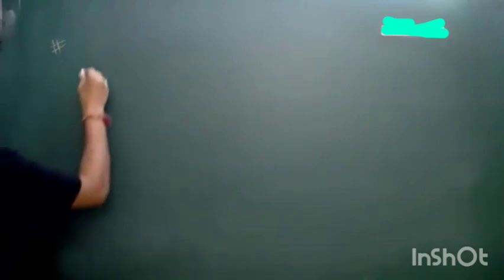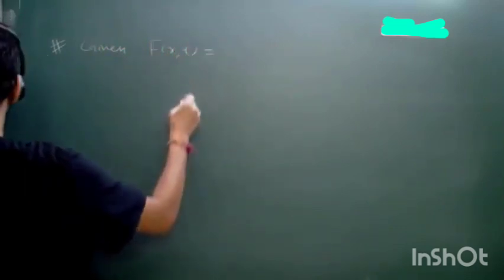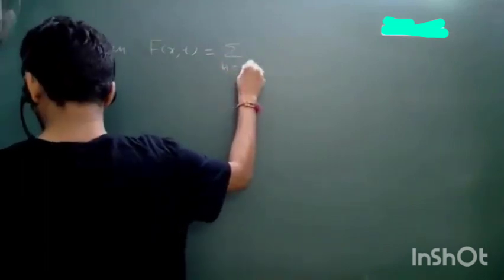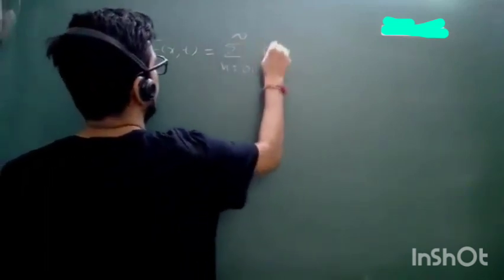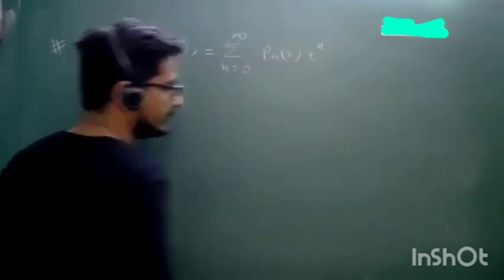So the first question is, they have given that f(x, t) is equal to summation n is equal to 0 to infinity Pn(x) t to the power n.